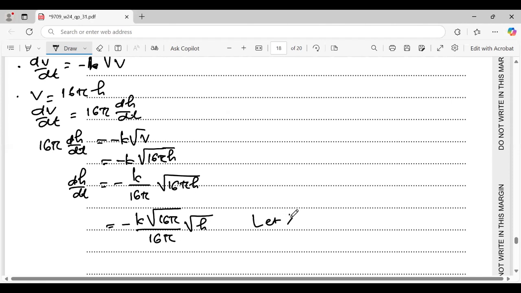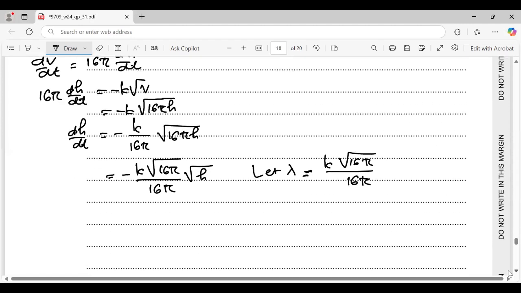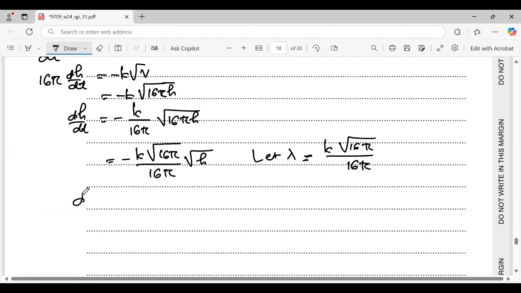Let lambda equal k square root 16 pi over 16 pi. So dh/dt equals minus lambda square root h, because this is lambda.